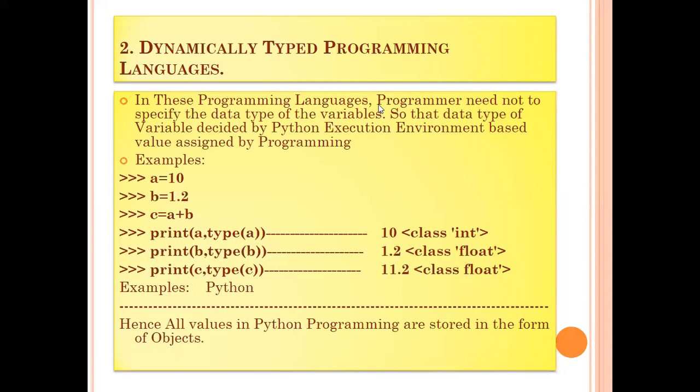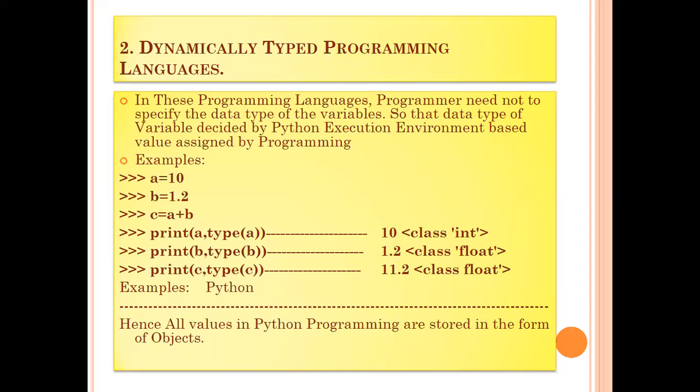Now we were talking about the dynamically typed programming language. What is that? We need not specify the data type of variables. It is decided by the Python execution environment based on the value.